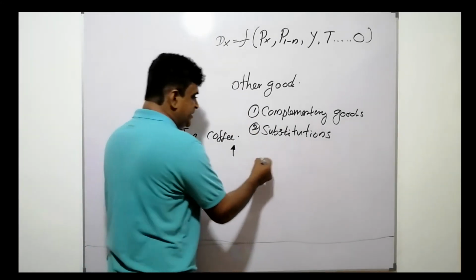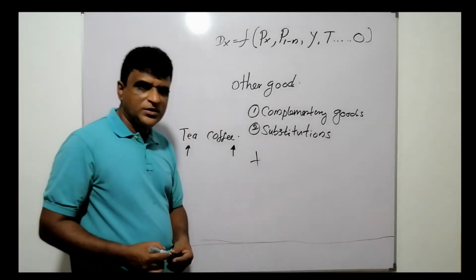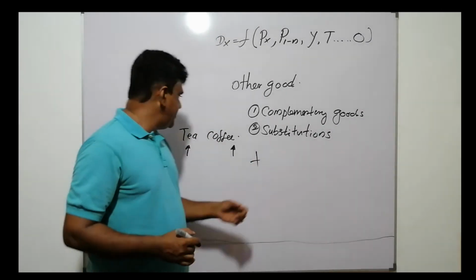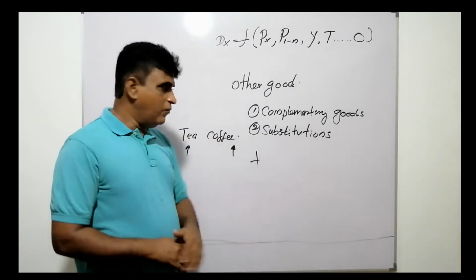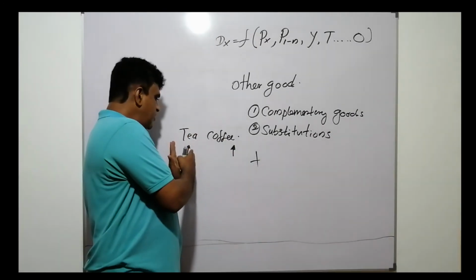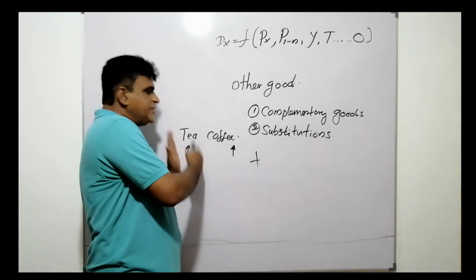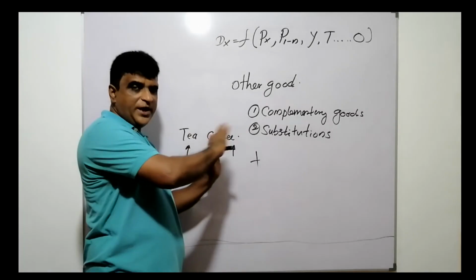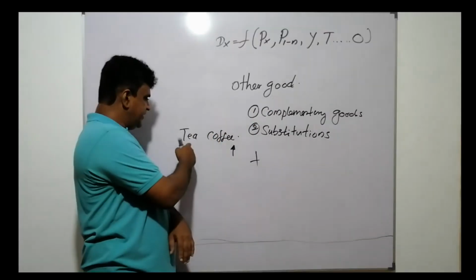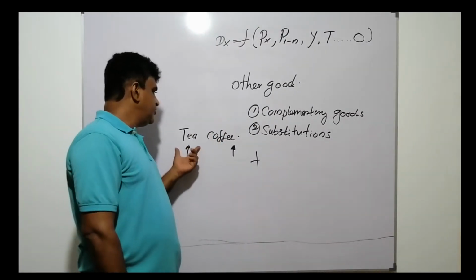That relationship is positive for substitute goods. Why? Consumers who can't bear the price of tea are shifting to coffee. Why? Coffee price never changed. The tea price changed.